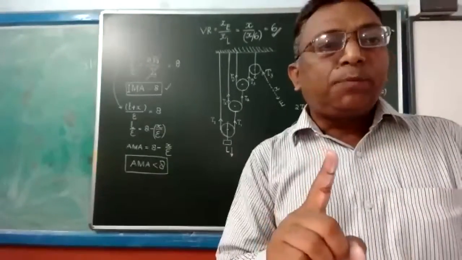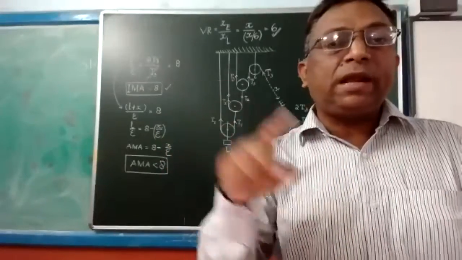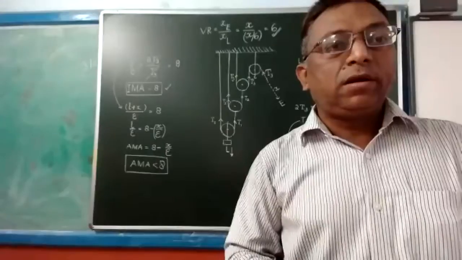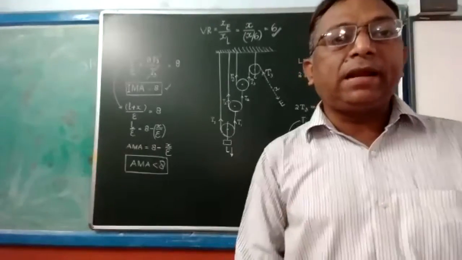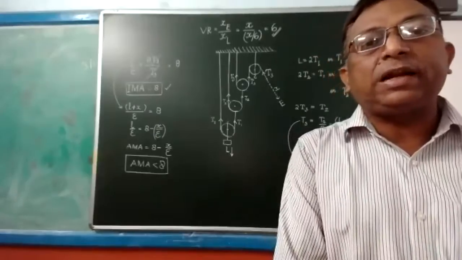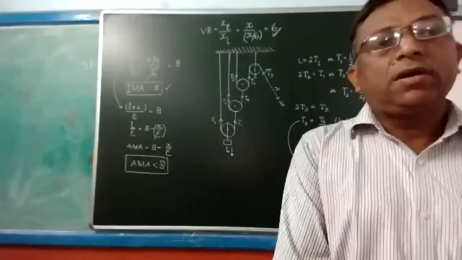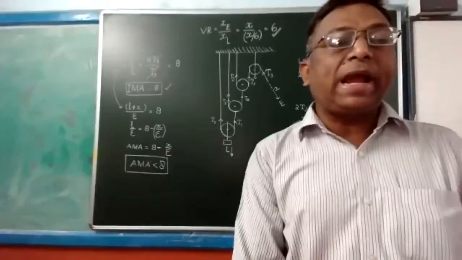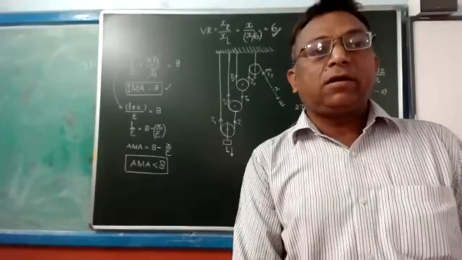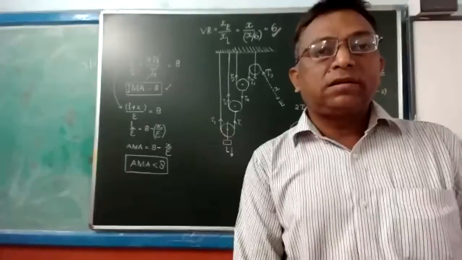Okay, you just think about a single mobile pulley, which has one fixed pulley and one mobile pulley. The load to be lifted is always suspended from the mobile part, especially in this kind of pulley system. Suppose effort is applied at the free end of the rope or string through distance small x.